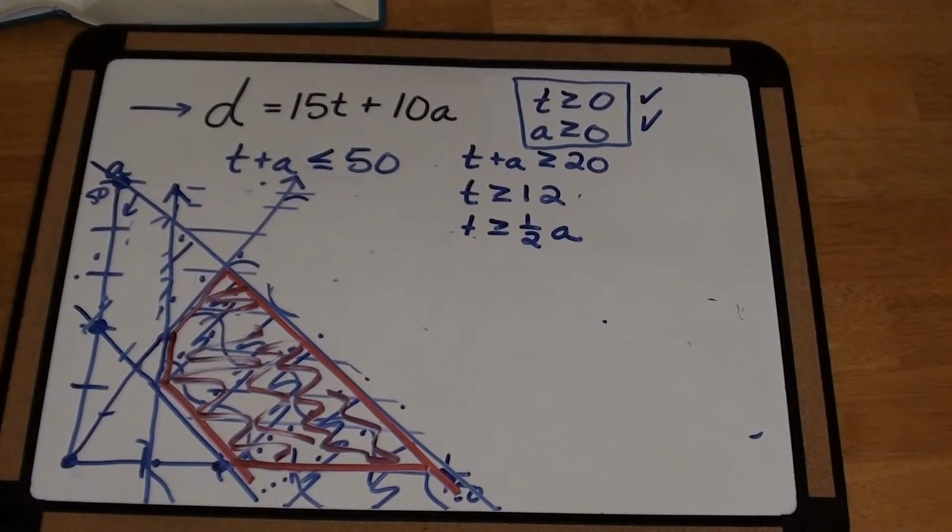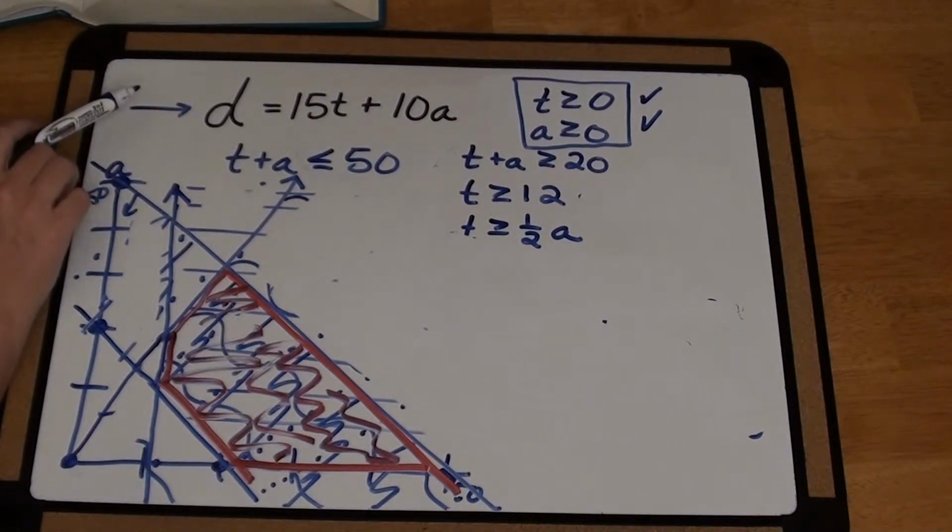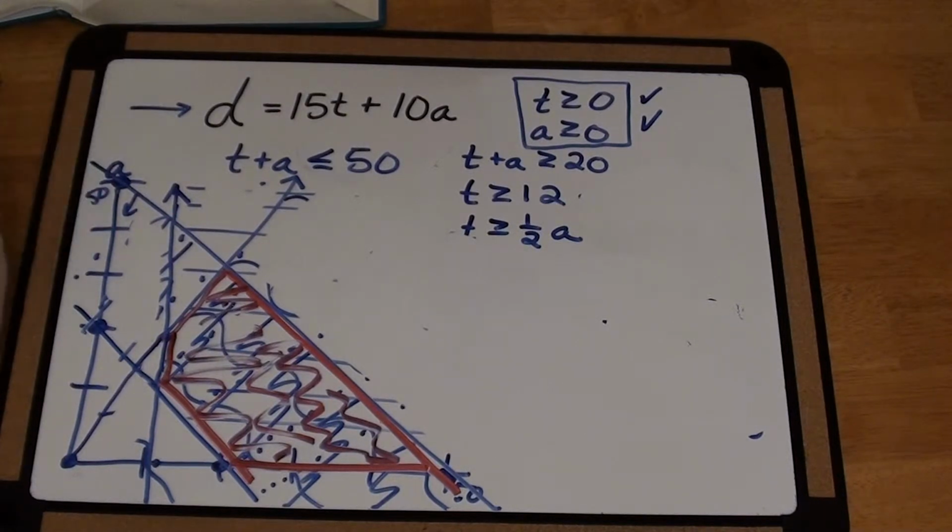But you have to go back to the idea on page 158, down toward the bottom of the paragraph. It says D equals 15t plus 10a, like our equation. To find out which of the feasible ordered pairs give the minimum cost, we need to use this equation now.